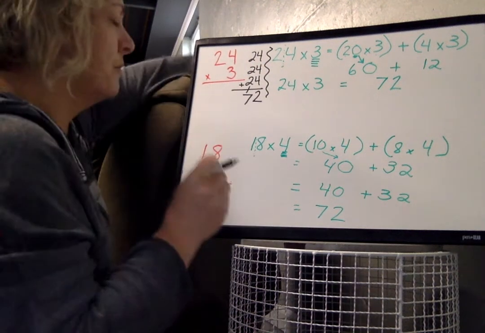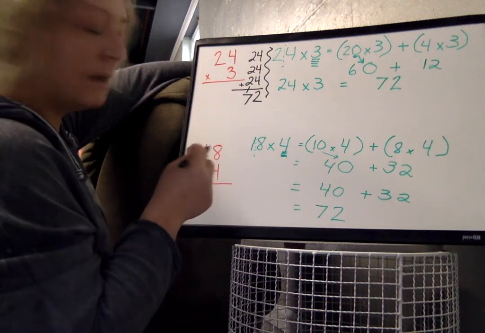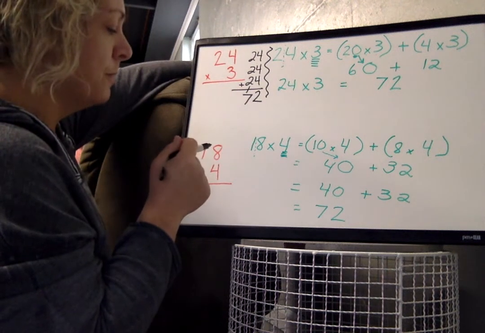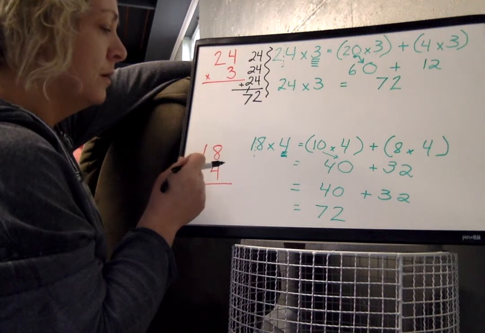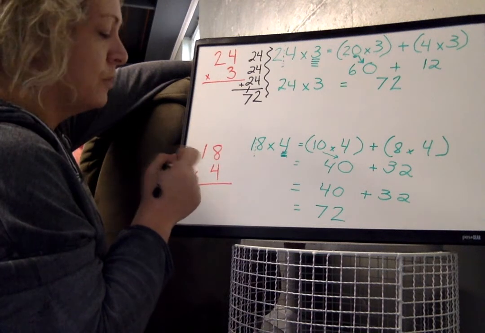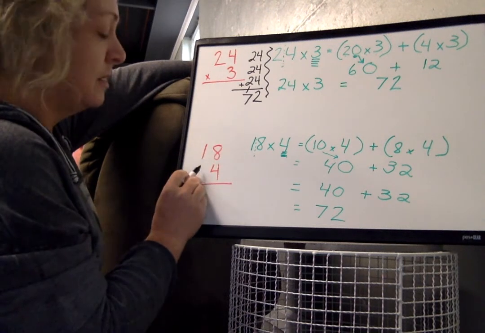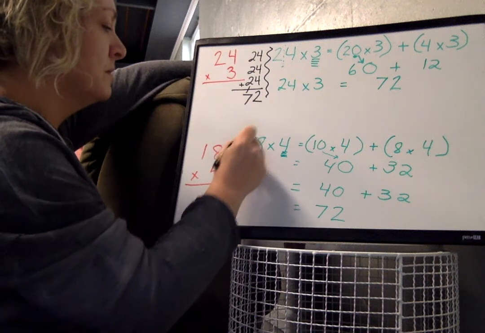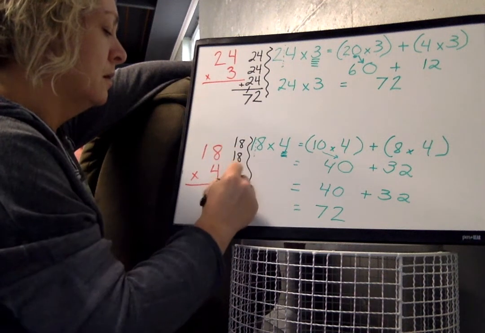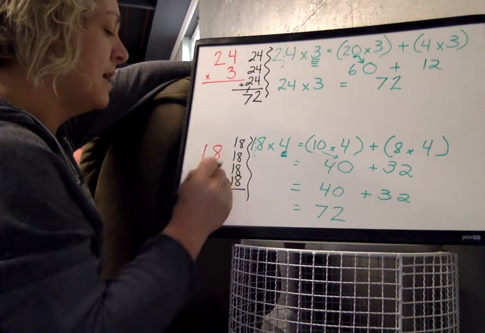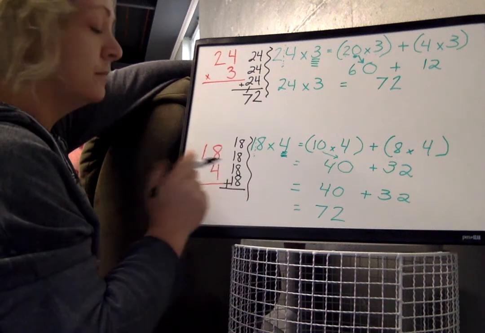All right, so over here we're going to do repeated addition. So Carter, we're going to write which number 4 times? Yep, we're going to write 18 4 times. Add it. Let's count by 8s, everyone.